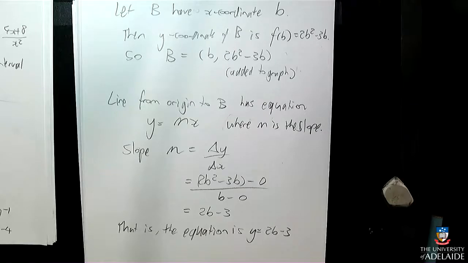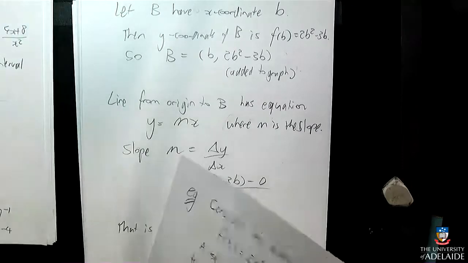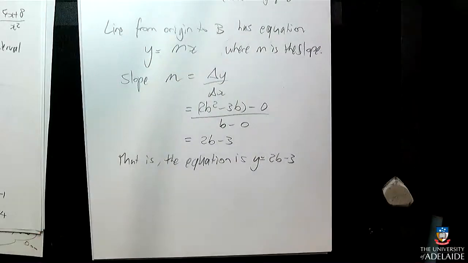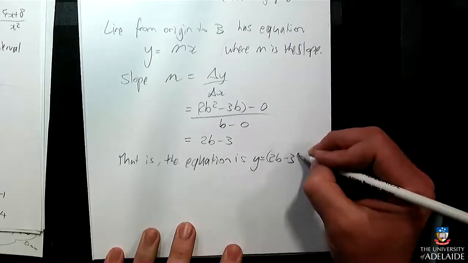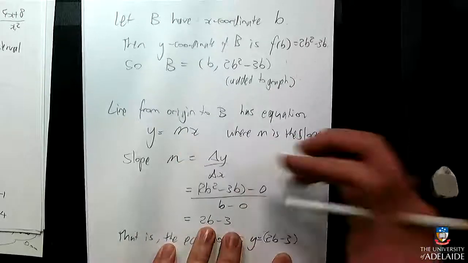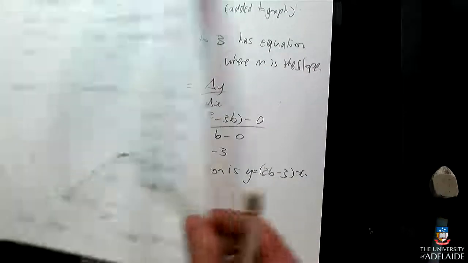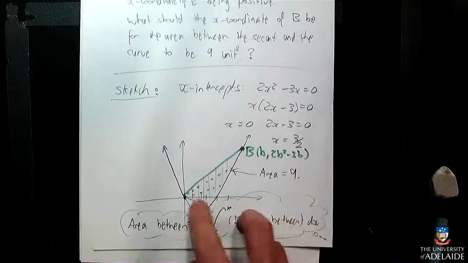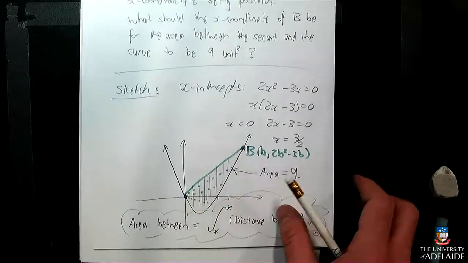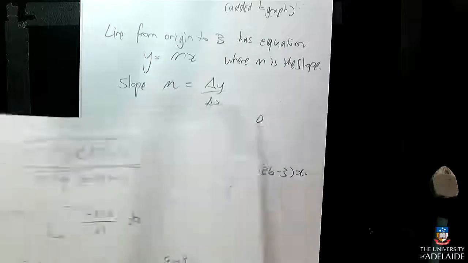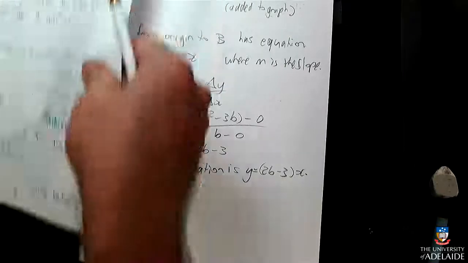Okay, that's great. Cool. So what does that mean? Okay, the entire m is 2b minus 3, so the line is y equals (2b minus 3)x. So the distance between the curves should be the top formula minus the bottom formula. The top formula is this one, the bottom formula is this one, and so I should now be able to find the area between the curves.